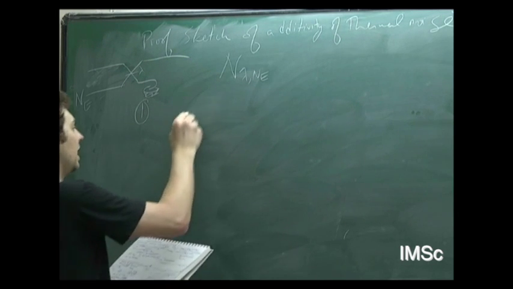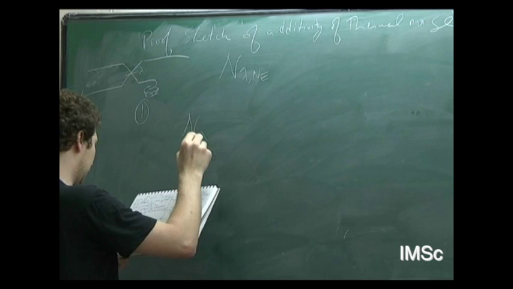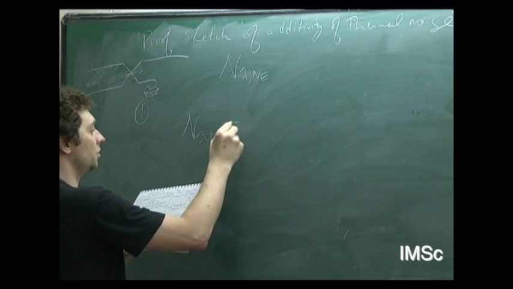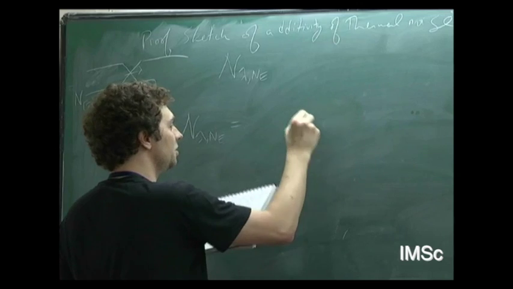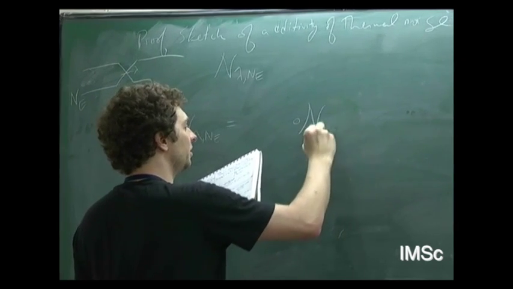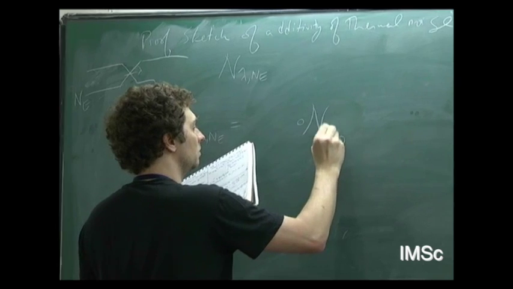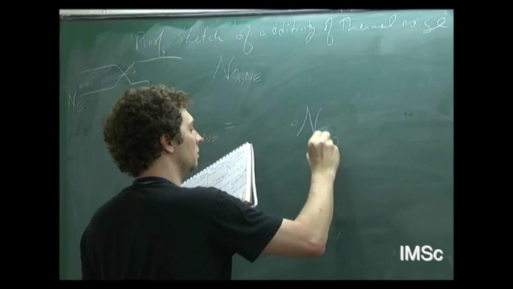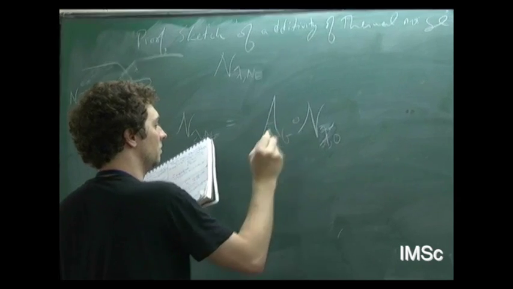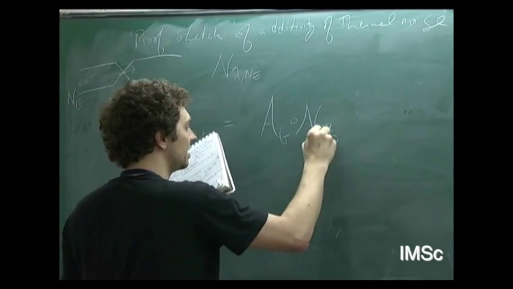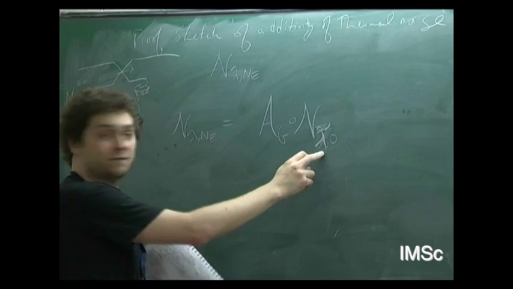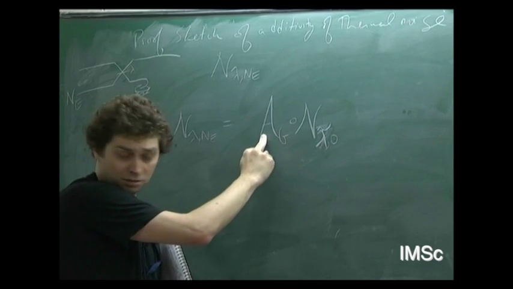The first step is to notice that N sub lambda NE is equal to the concatenation of N sub lambda tilde 0 and A sub G. So what that means is any thermal noise channel I can always think of as attenuation followed by quantum limited amplification.